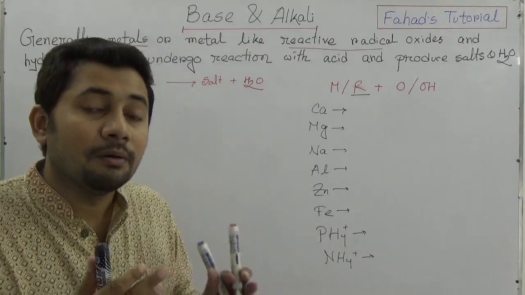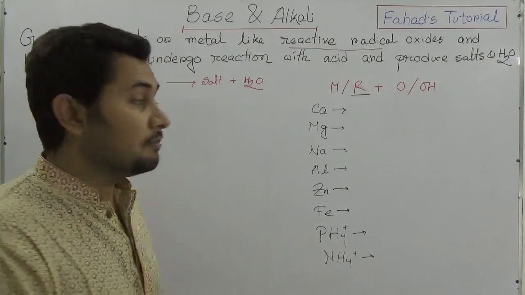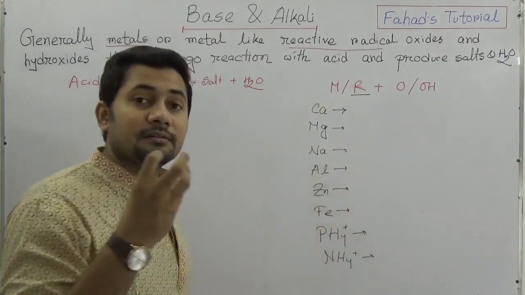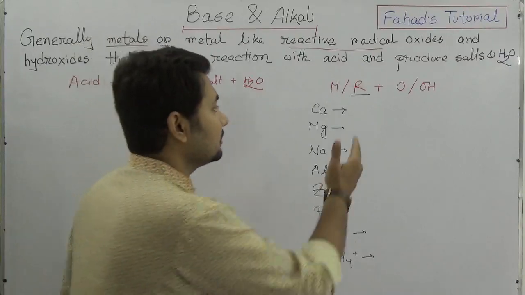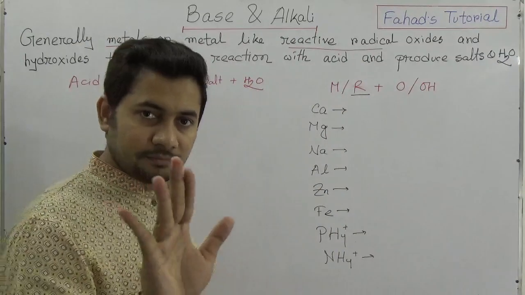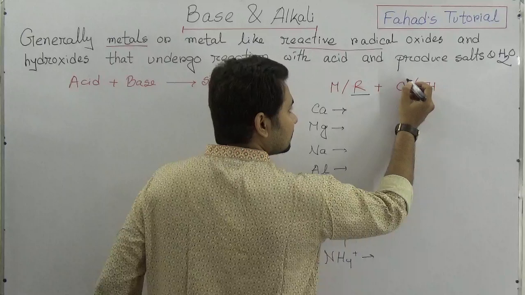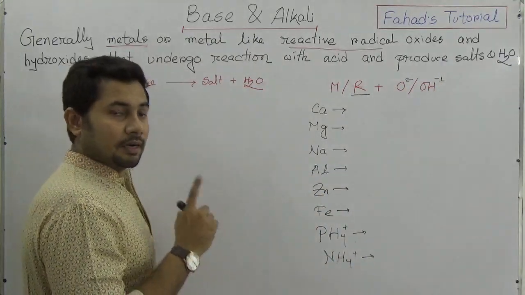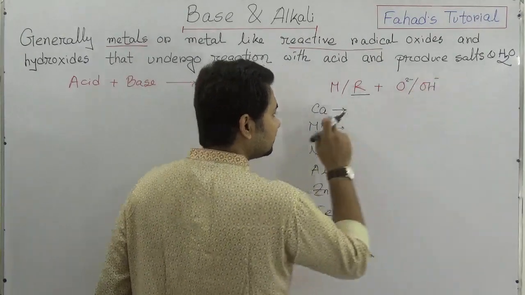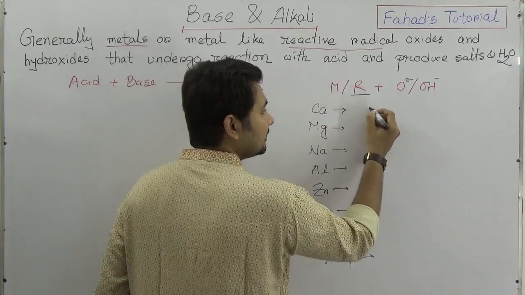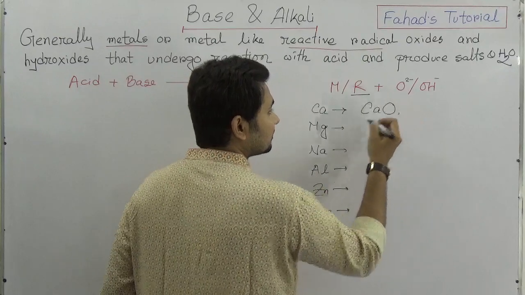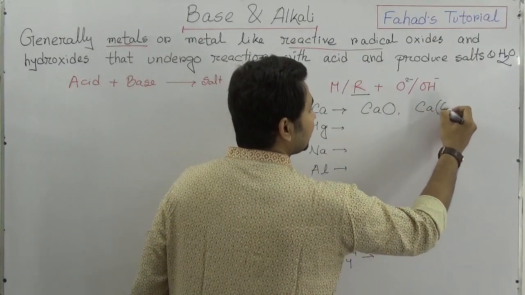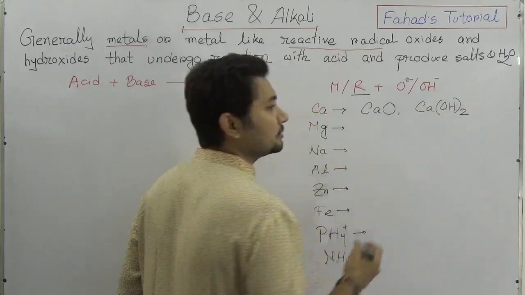Now think about what compounds can be formed by combining these metals and metal-like reactive radicals with oxides and hydroxides. We know that for oxide the valency is 2 and for hydroxide it is 1. So with calcium, it will produce calcium oxide, CaO, and in case of calcium hydroxide, it would be Ca(OH)2.